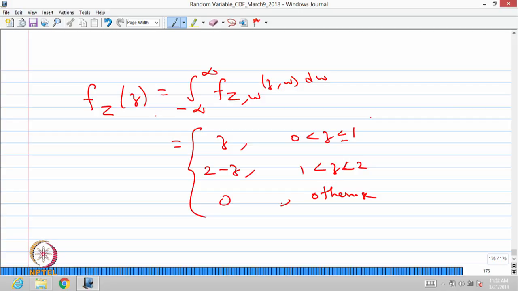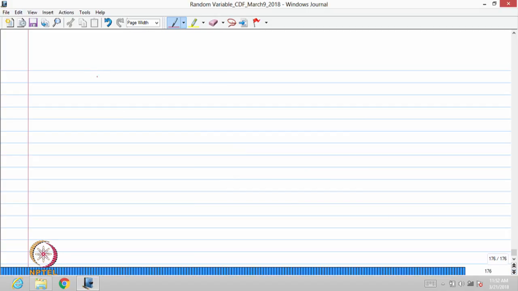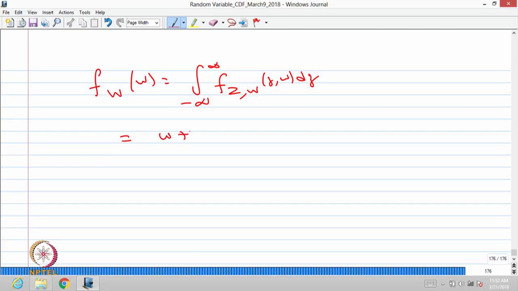Similarly, one can compute the probability density function of W from the joint probability density function of Z and W by integrating with respect to Z. If you do that, you will get the probability density function of W, that is W plus 1 when W is in the range from -1 to 0, and it is 1 minus W between 0 to 1, otherwise it is going to be 0.